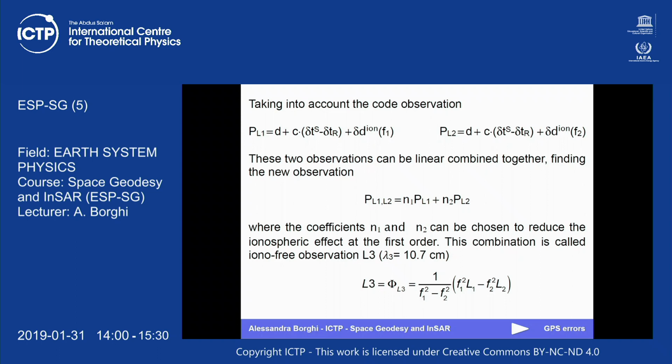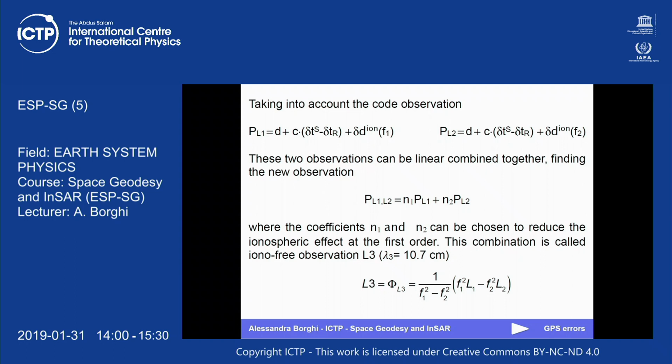If we combine these two observations in a linear combination, we can try to find some coefficients N1 and N2 that cancel this effect. This combination is called iono-free. So it's a new observation. It's like having another carrier, but it's not a real carrier.